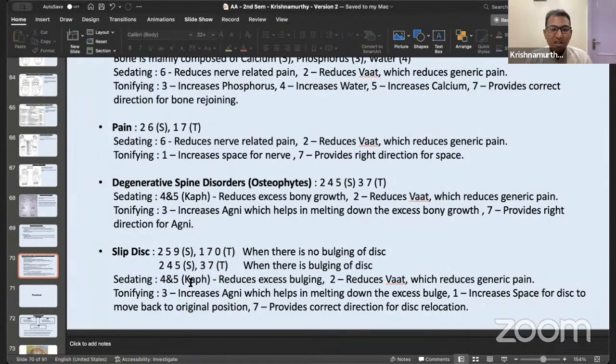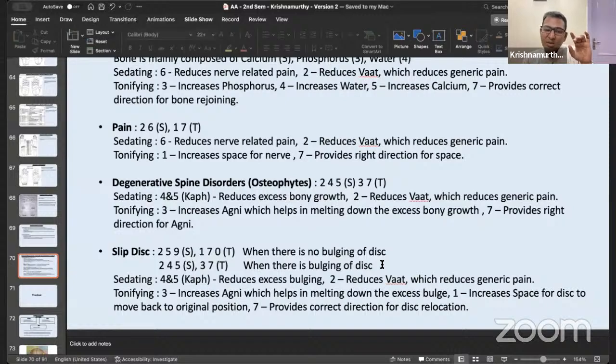Whenever there is a bulge, something is increased. I will come to it later. So I am reducing 5, and tonifying.